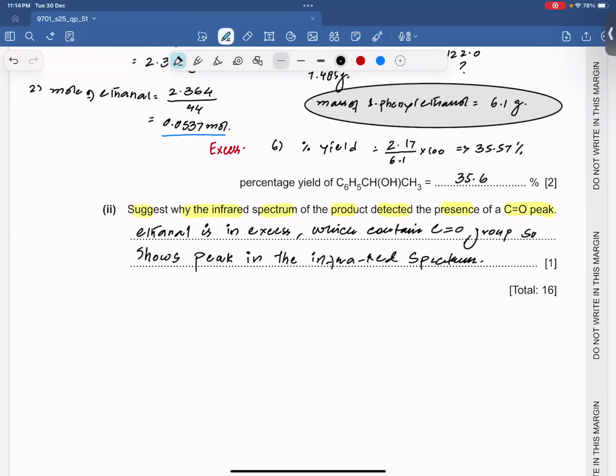Okay, and that peak normally appears at 1700 cm⁻¹ to 1720 cm⁻¹. That's what we have discussed in the class. That's the end of the first question.